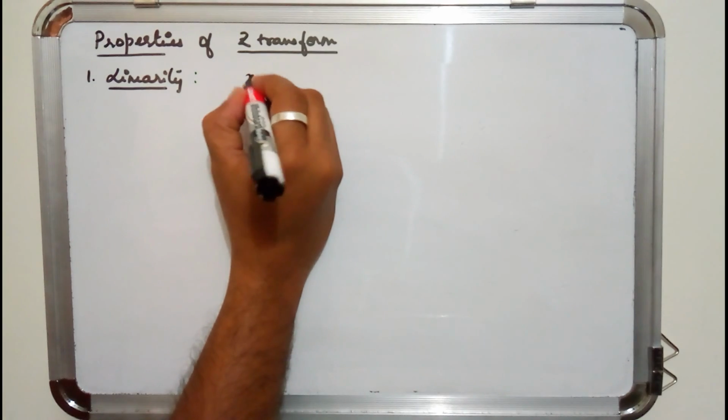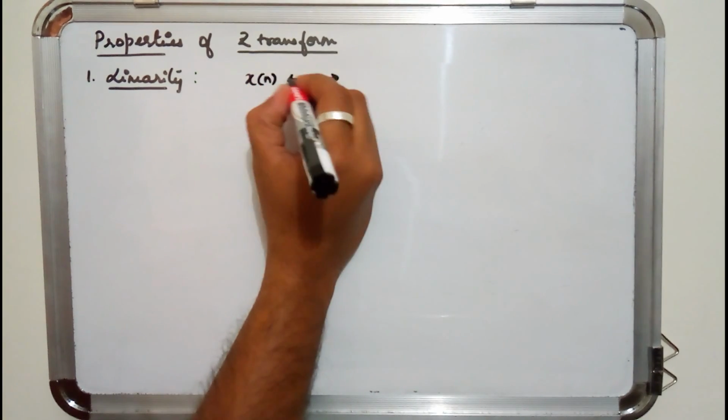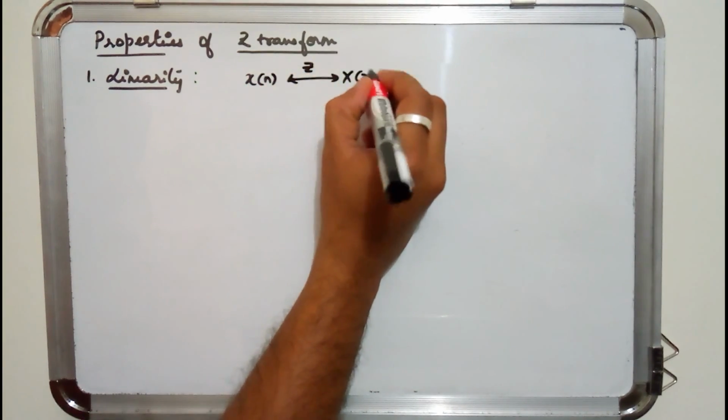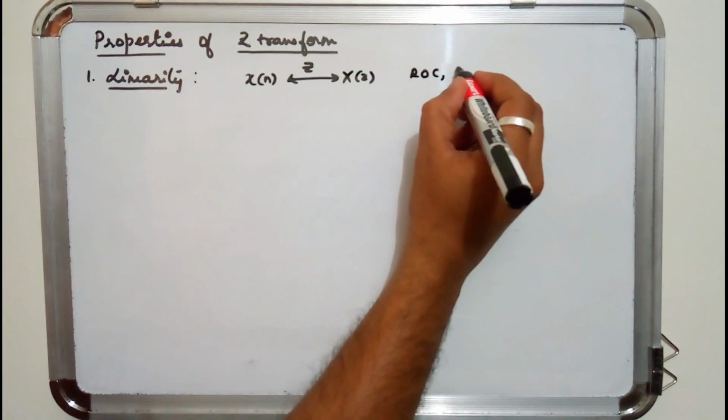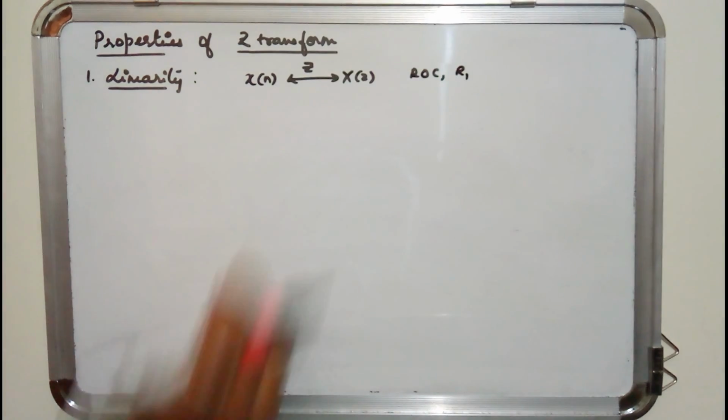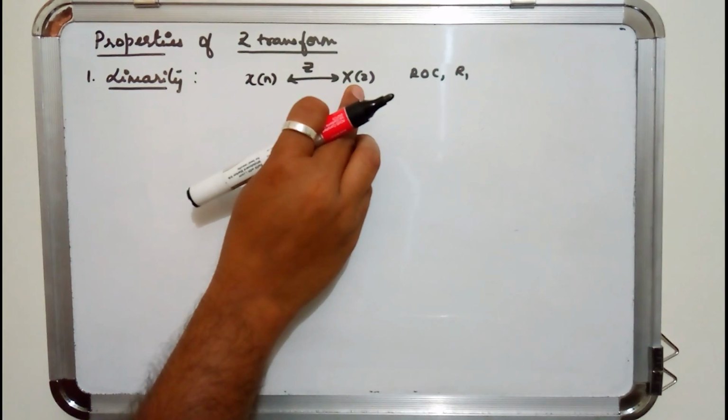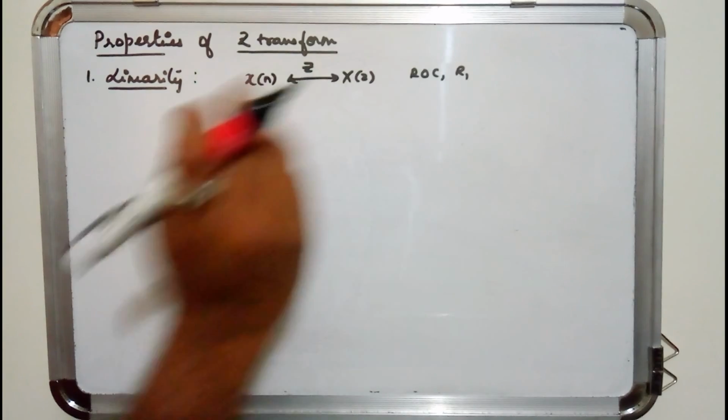That means if I take x of n forming a Z transform pair with X of z, with ROC as R1, that means X of z is having the ROC as R1.